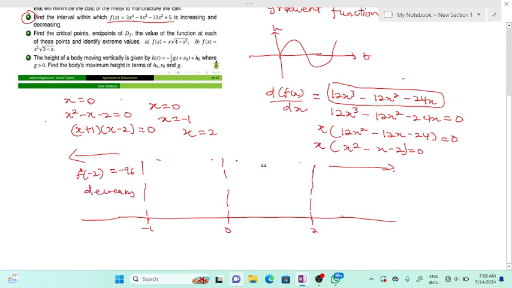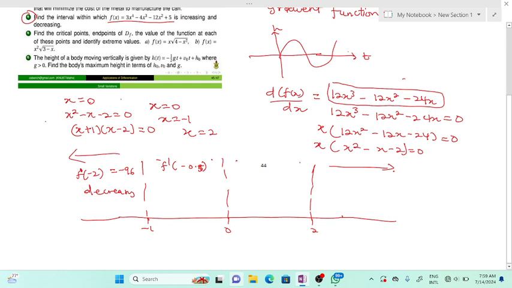Then I come to this side. What value can I choose? Don't choose the critical point because they'll obviously give you zero. So any number within here. I can choose something from 0 to negative 1, let's say f prime of negative 0.9. Let me make it negative 0.5, because from here I'll move to negative 0.5 before I increase towards negative 1.